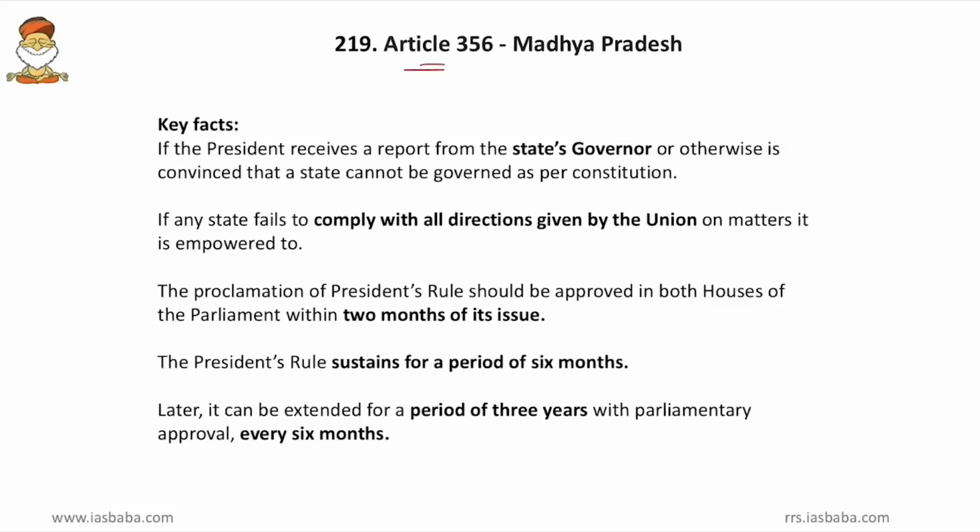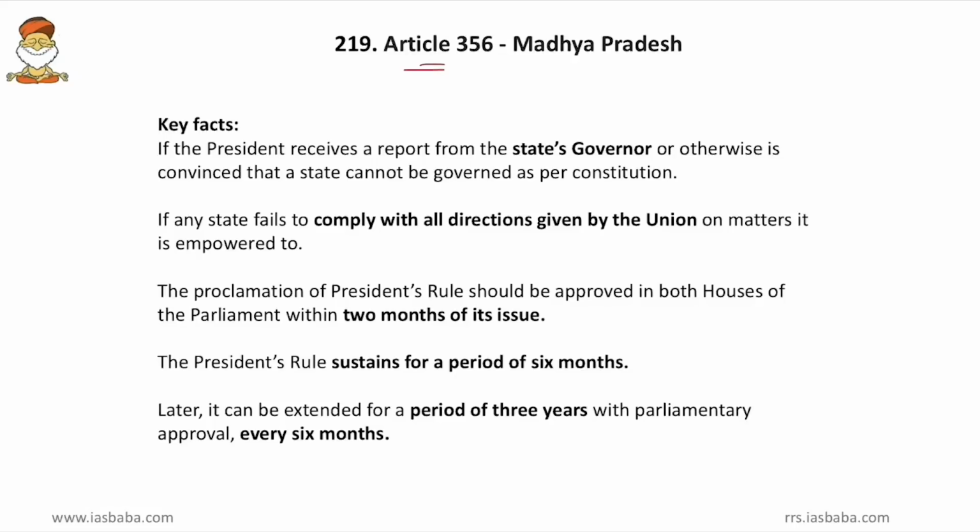So, he can receive a report from the Governor, or even without a report from the Governor, a President can proclaim a presidential rule. Then, if any state fails to comply with directions given by the union on matters it is empowered to.